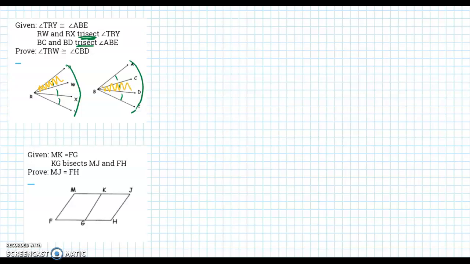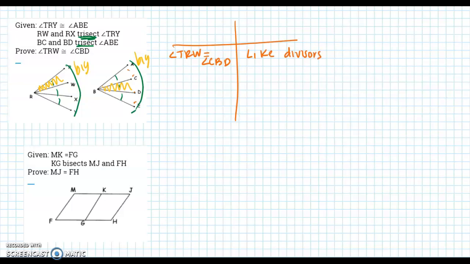Well, they have to be the same, right? Because it's a big angle and a big angle, and that big angle is divided into 3 equal parts, and that big angle is divided into 3 equal parts. So right away, I can just say angle TRW equals angle CBD because of, again, like divisors or like divisions. Or you could say, if you really wanted to be specific, like triples.